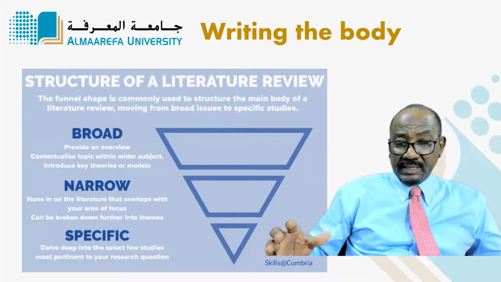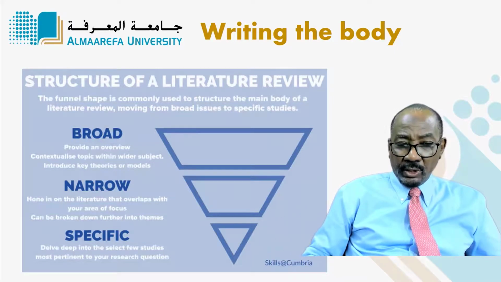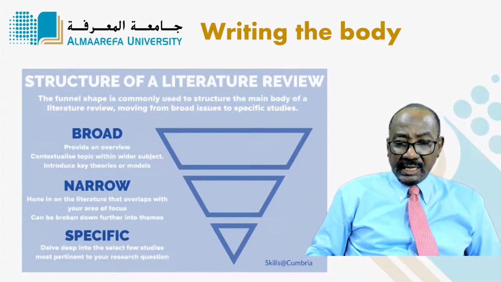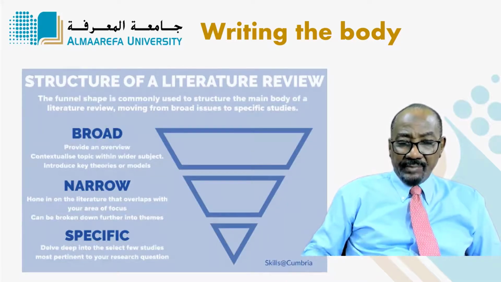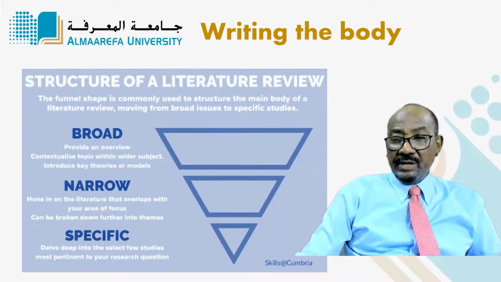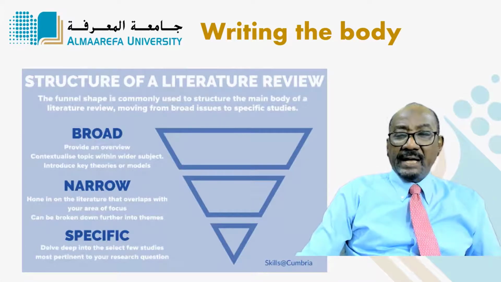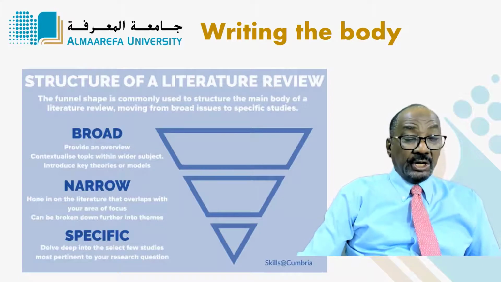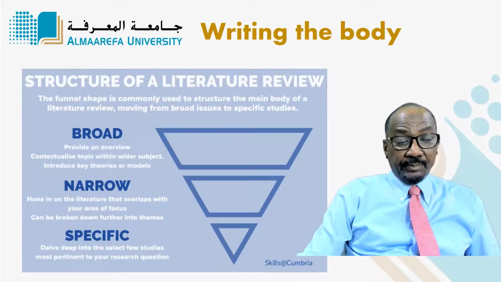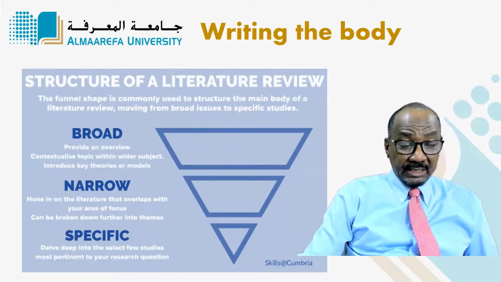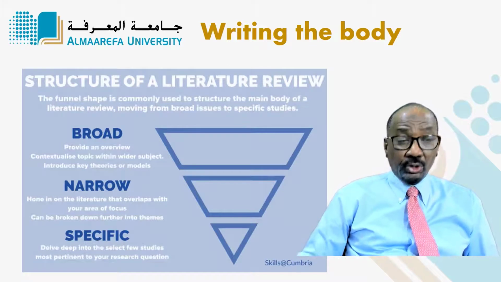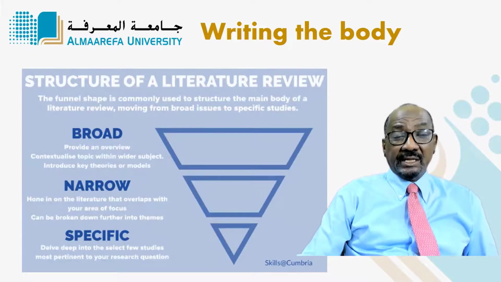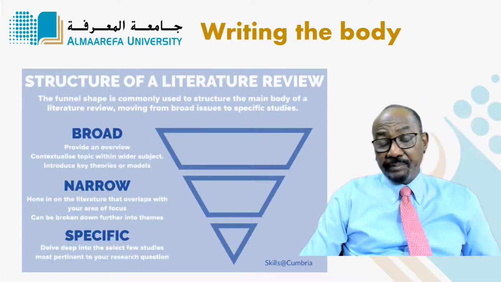So you do that first, then you narrow it down, honing in on the literature that overlaps with your area of focus, and this can be broken down further into themes. And then you become more specific. You now delve deep into the select few studies most pertinent to your research question. This is called the inverted funnel, the funnel or the inverted pyramid.